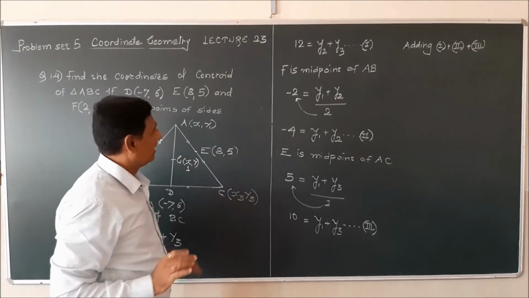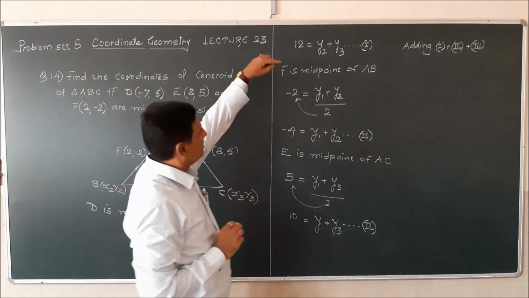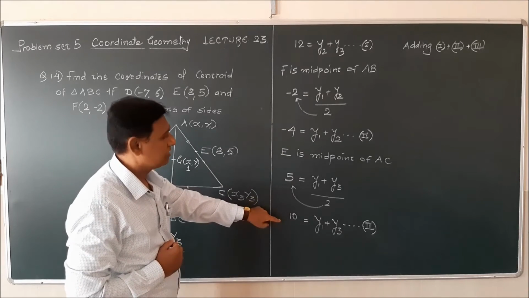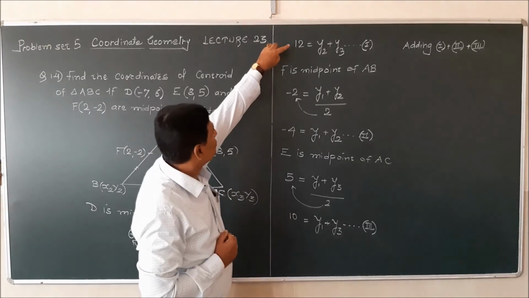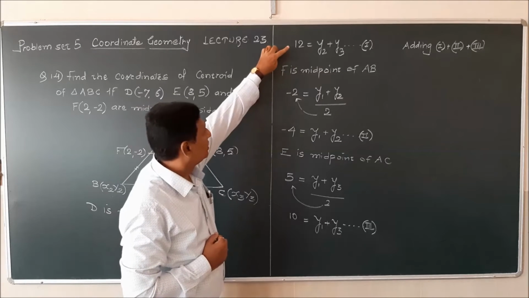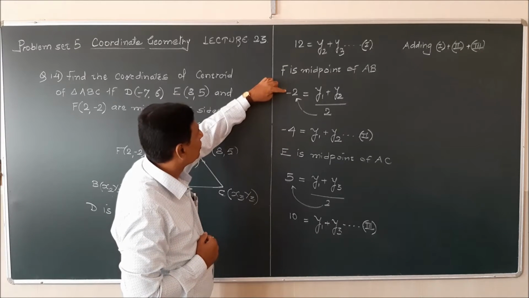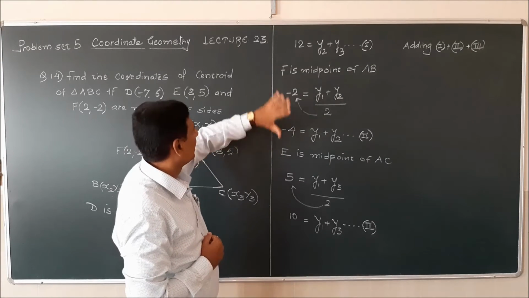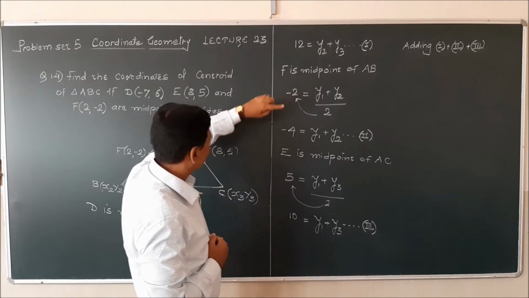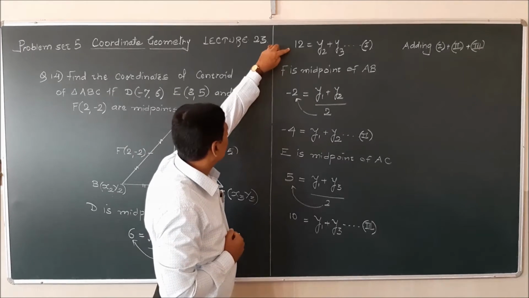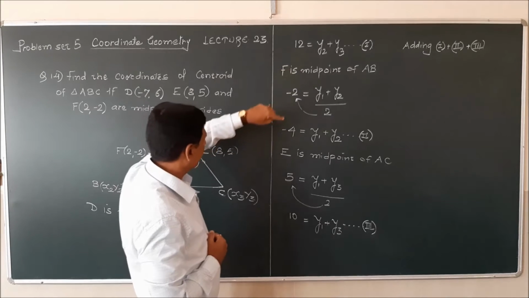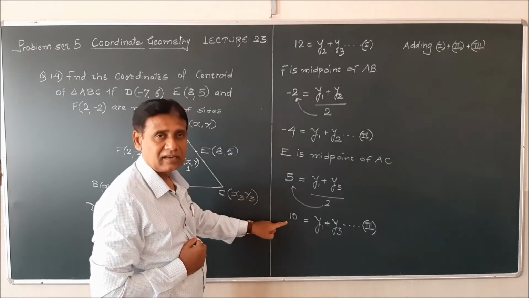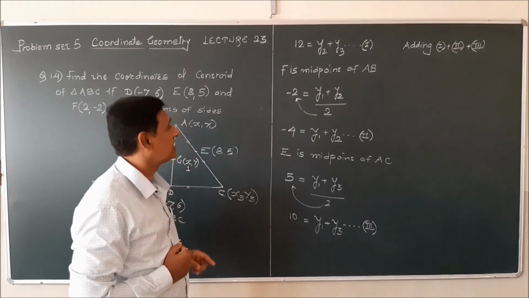Now please see the left hand side, be careful. 12 minus 4 and 10. 12 minus 2, that will give us 10. Okay? Sorry, again I made a mistake. 12 minus 4 is 8. 8 plus 10 is 18.